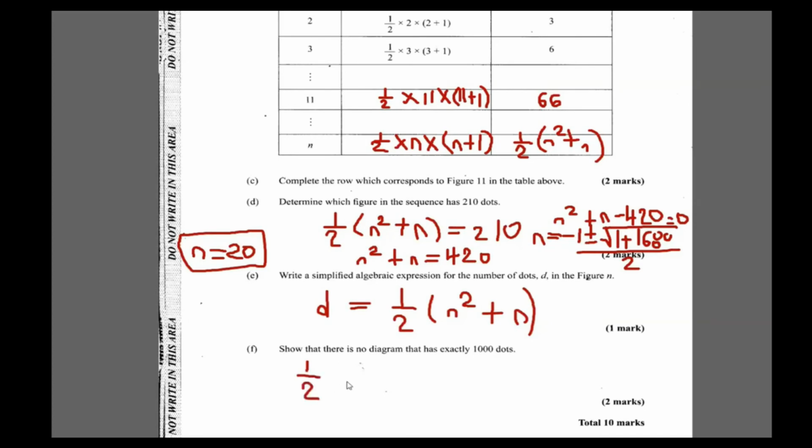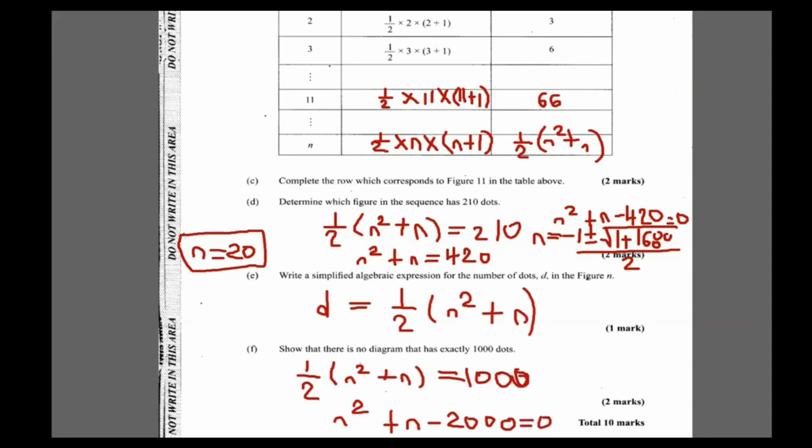So when you set a half n squared plus n equal to 1,000, you're not going to get an integer value for n. So let's see. We'll multiply through by 2, we're getting n squared plus n, and then we can bring over the 1,000 times 2 to get minus 2,000. This is equal to 0.